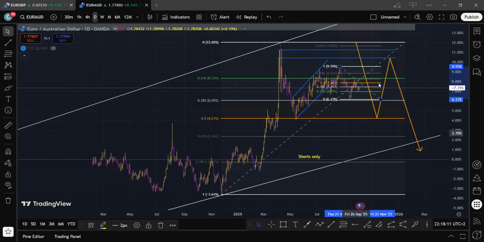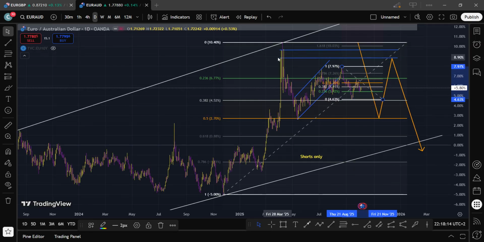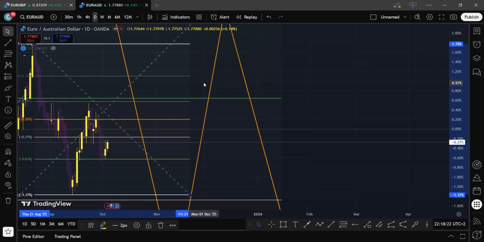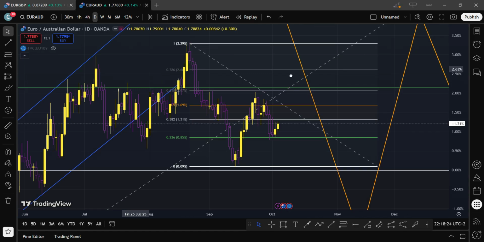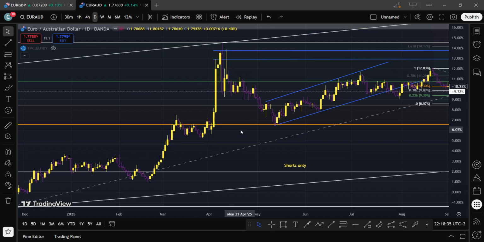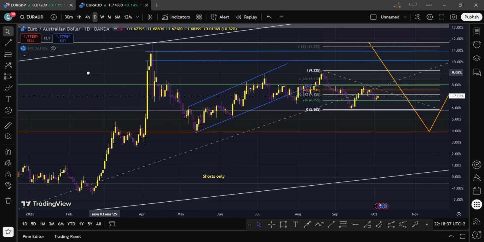So my intention is that we go back to one of these previous shoulders. Let me show you the previous shoulders. The first previous shoulder is here, and the second previous shoulder is here. So we're expecting to reject from one of those previous shoulders.